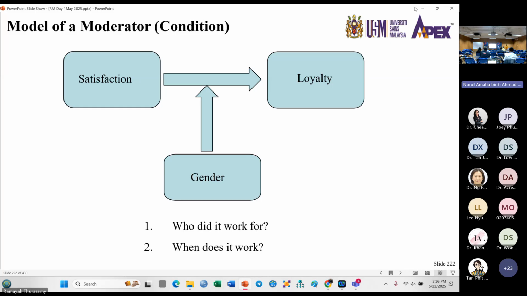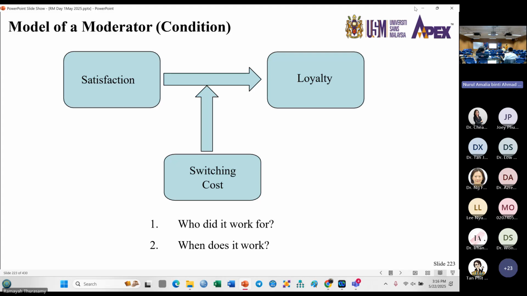What we are saying is the relationship between satisfaction and loyalty depends on gender. In the second, satisfaction and loyalty have switching cost as the moderator, which is continuous. So both are moderators, but one is categorical and the other is continuous. Most of the literature is now moving to this kind of variable, not gender or marital status kinds of moderators. So think about it.